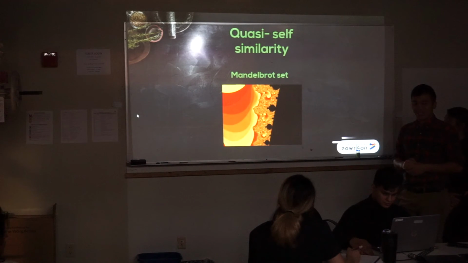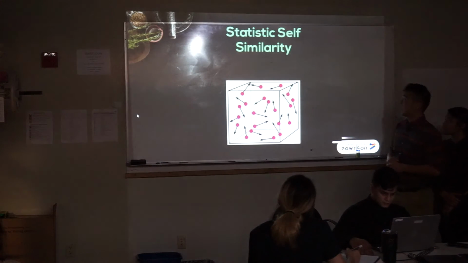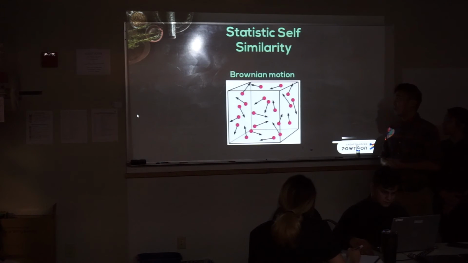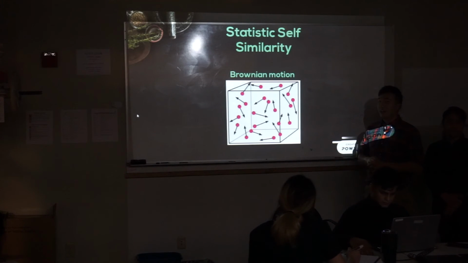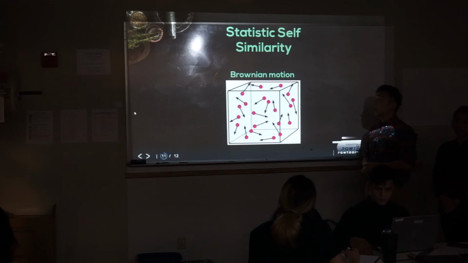And the last one is statistical self-similarity. This one is somewhat of a technicality. Most definitions of fractals include some clause about statistical or mathematical self-similarity. They're generally random, sort of, and generated randomly.